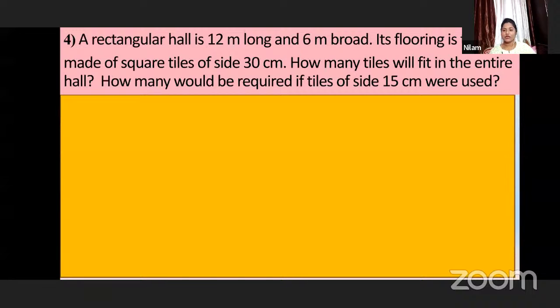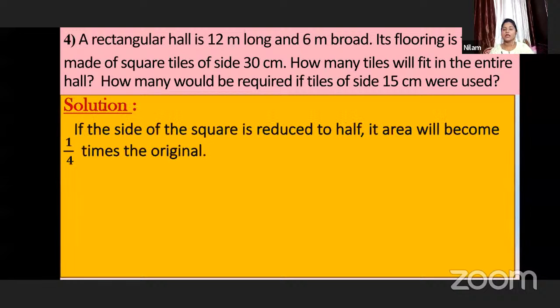That step also we can do, but one more thing that we have to note down is, in the question it is given the original side was 30 centimeter, and if we go to buy 15 centimeter square tile, then how many tiles will we require?